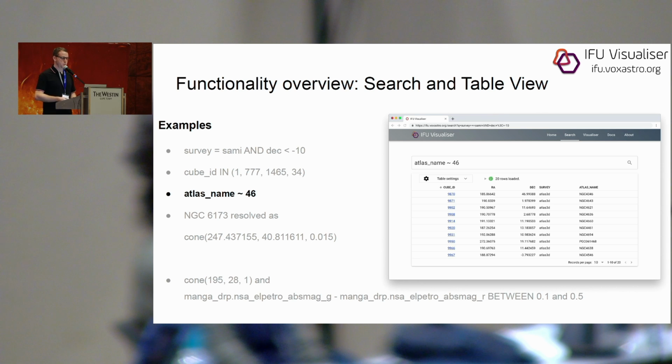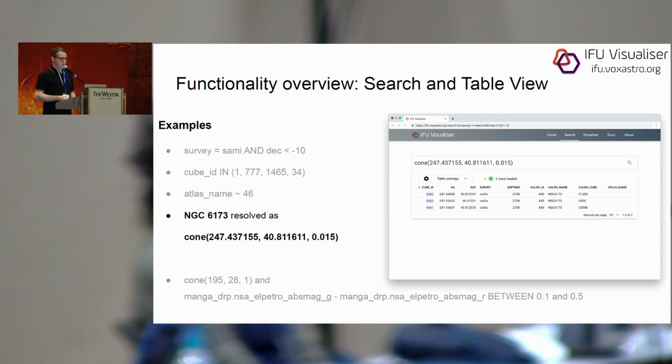Using this operator, you will find a bunch of galaxies, and likely one of them would be your favorite galaxy. If you write down just NGC 4173, this query will be resolved as a cone search with default radius, and you will get spectral cubes for this particular galaxy.